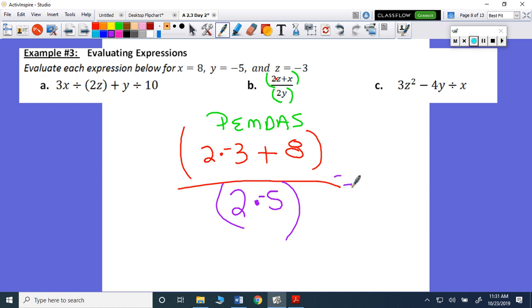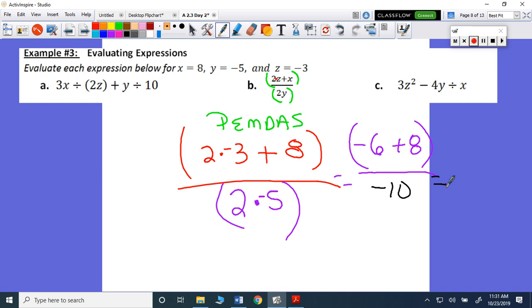What am I going to do first with the 2 times negative 3 plus 8, Serenity? Yes, and a positive times a negative is a negative, so the numerator becomes a negative 6 plus 8. What does the denominator become, friends? Negative 10. Who remembers what a negative 6 plus 8 is? Is it a positive 2 or a negative 2?